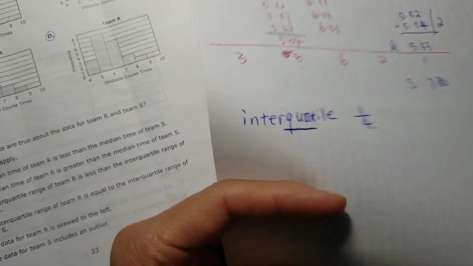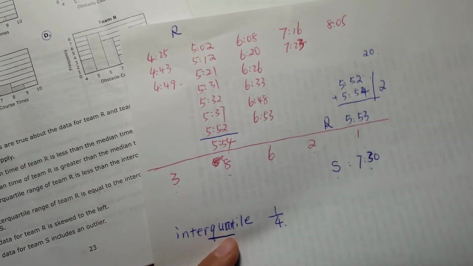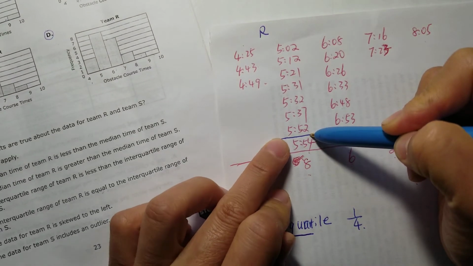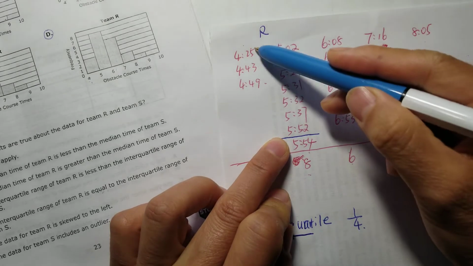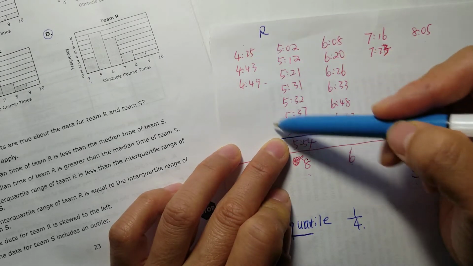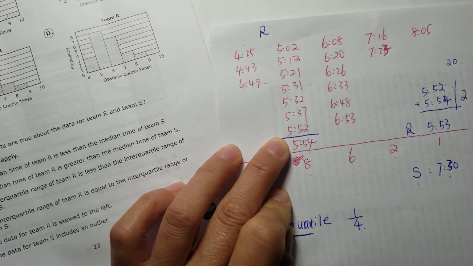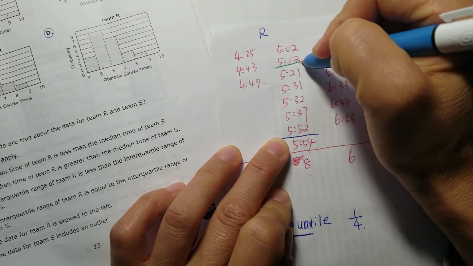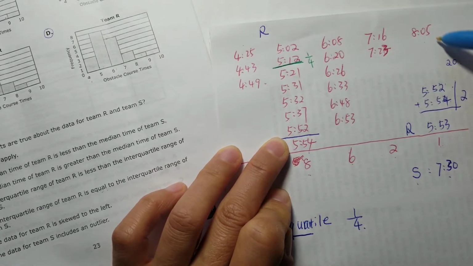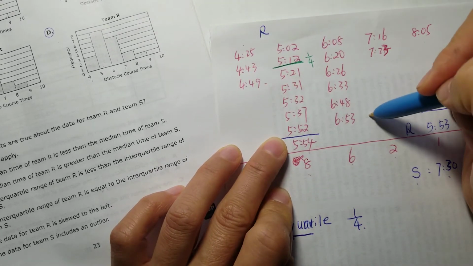If you're given a group of data, and we just figured out the median is right here, now for the first 10, what is the median for the first 10? It's right here. And we know this is going to be 1/4 of the entire data.